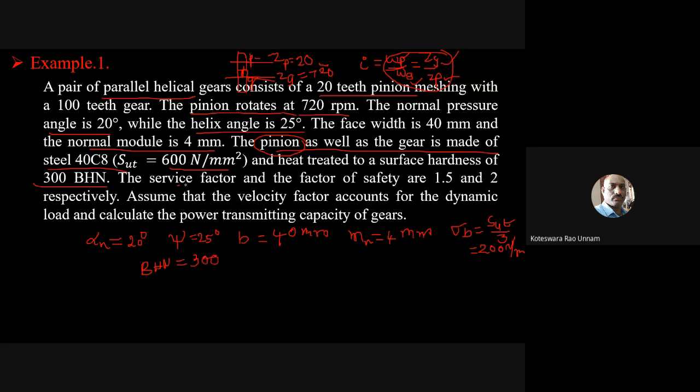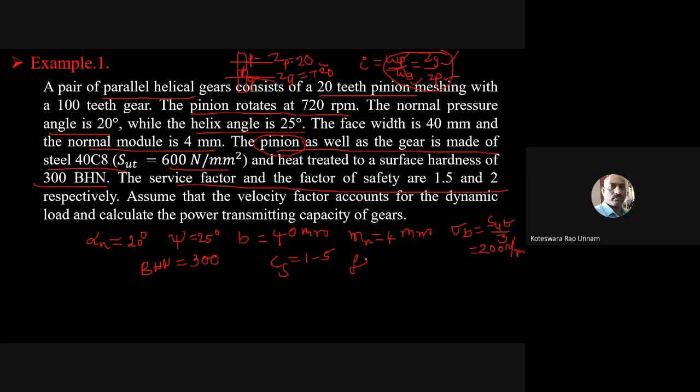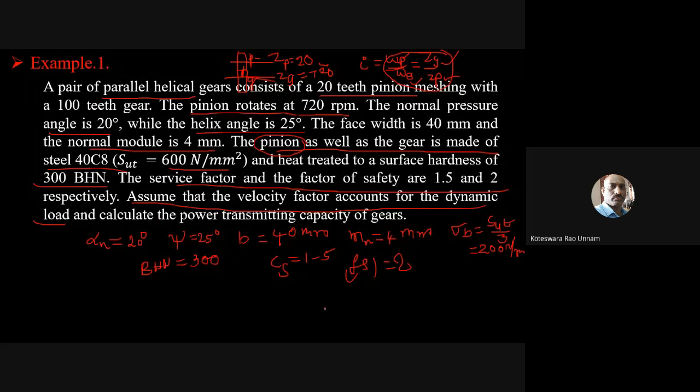The service factor and factor of safety are 1.5 and 2. So service factor CS is 1.5, and factor of safety FS is 2. Then assume that the velocity factor accounts for the dynamic load. That means he asked us to use the velocity factor approach, so you need to calculate CV.